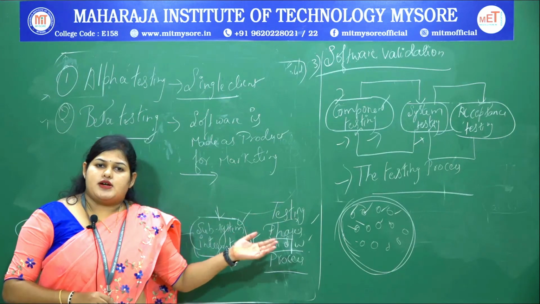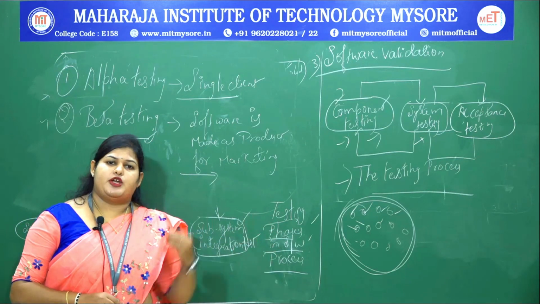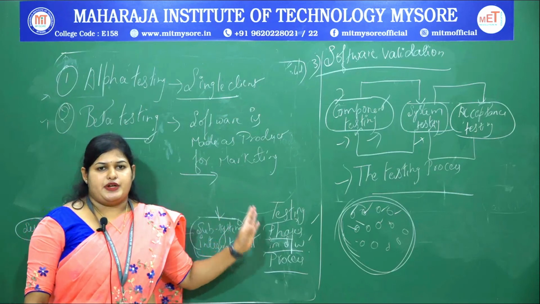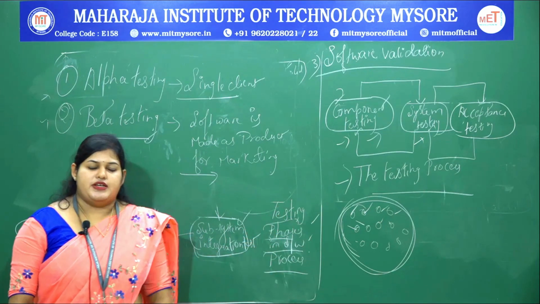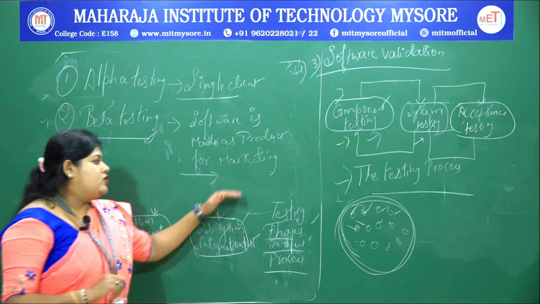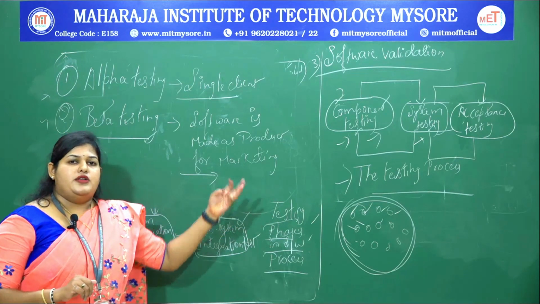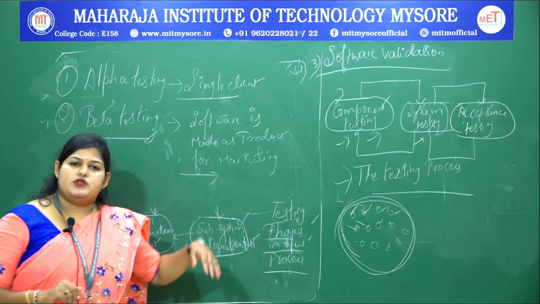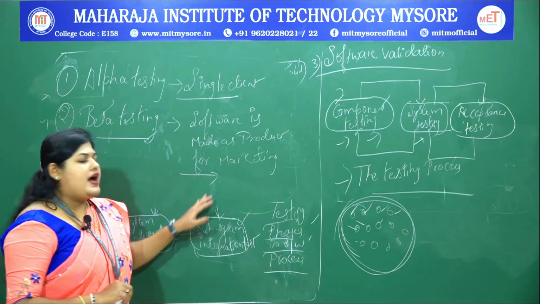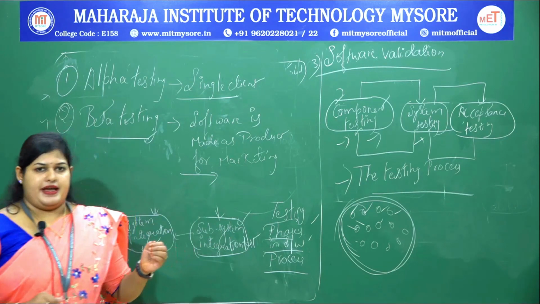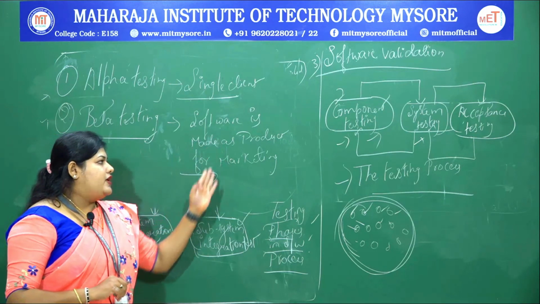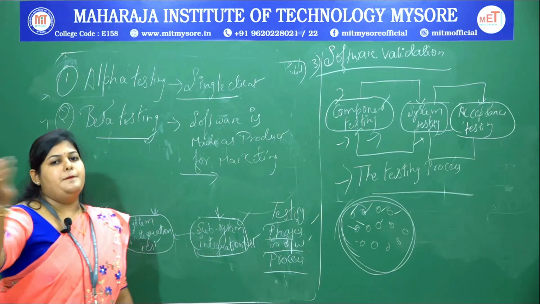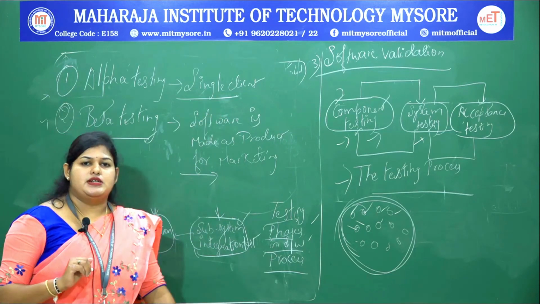So, whenever the customer is ready to accept that particular product and is able to use it, those kinds of people will be given this product and they will find out whether this product is perfect to be given as a product, and on the feedback they give, if there are any complexities or any problems, that will be analyzed and finally taken. On the basis of this the software is made, so that is why it will be formed as a product that will be given to the market instead of a single client.